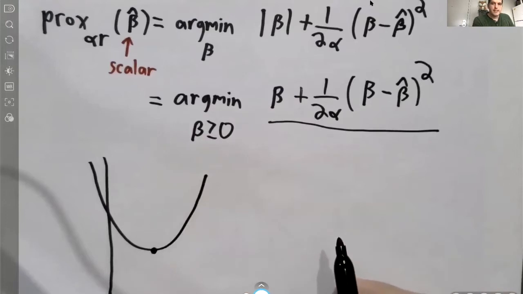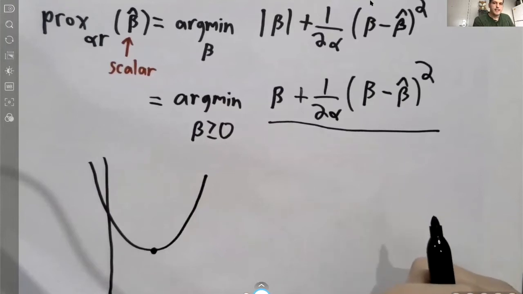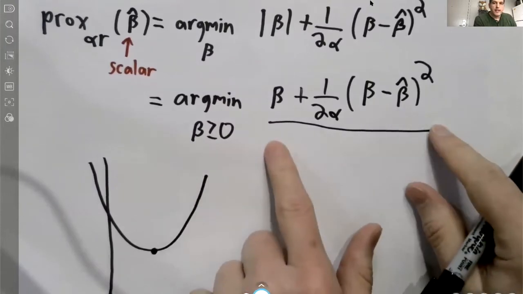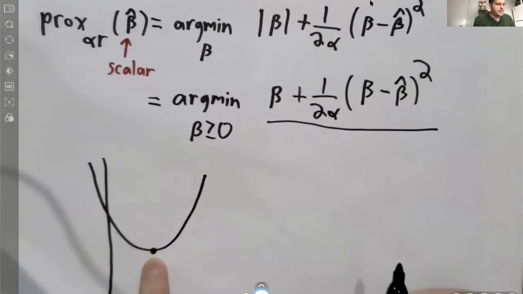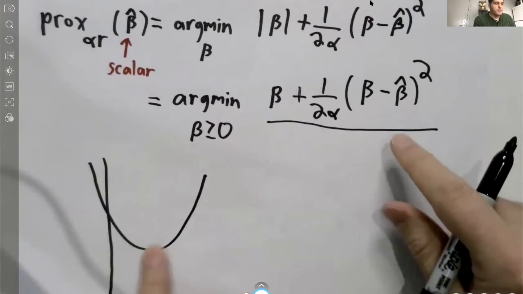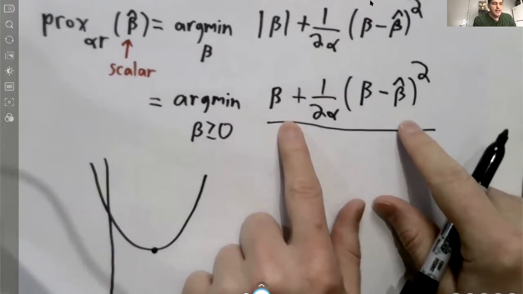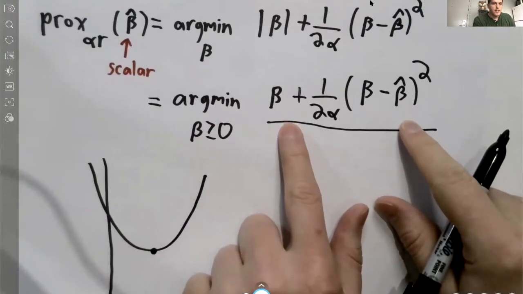And in this case, the value of beta that we're looking for is just the value of beta right here. It's the same as the value of beta that minimizes this quadratic function.